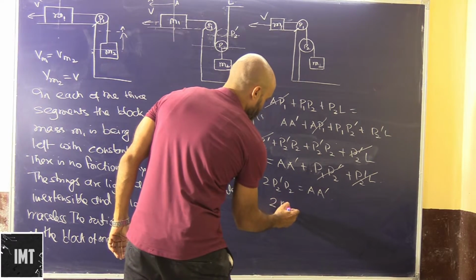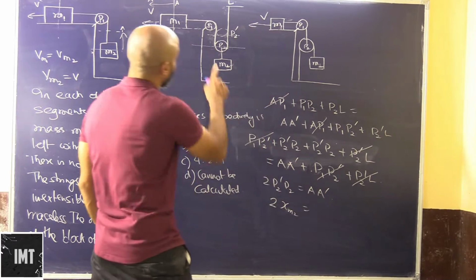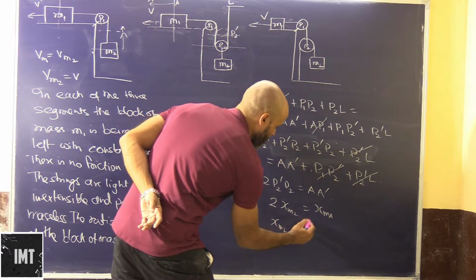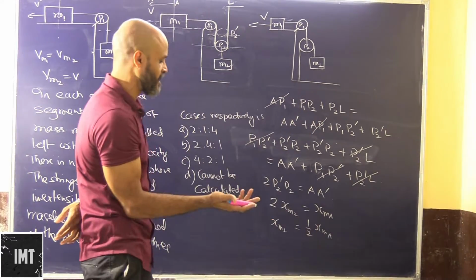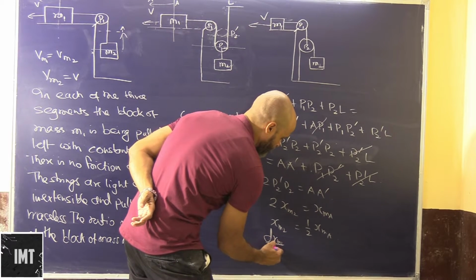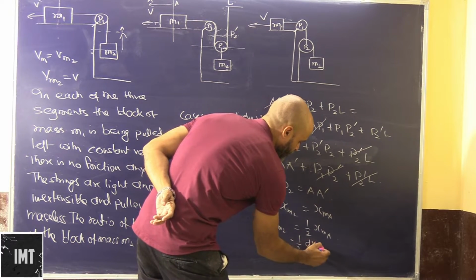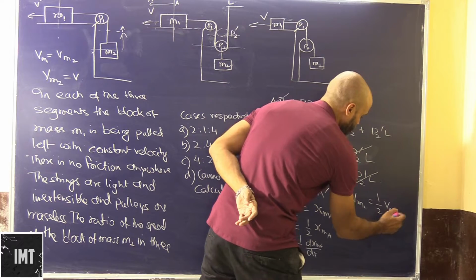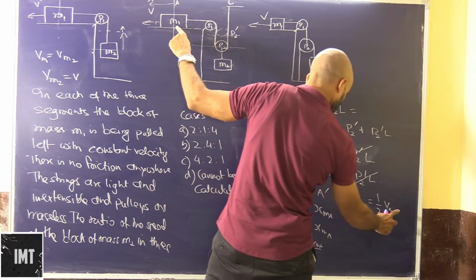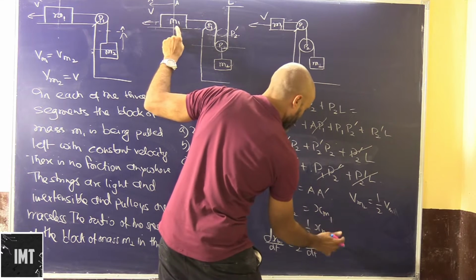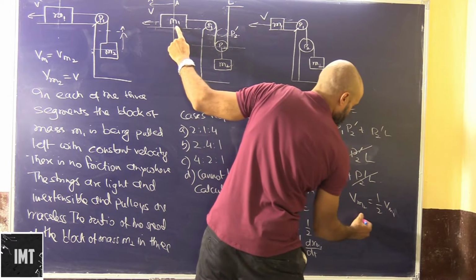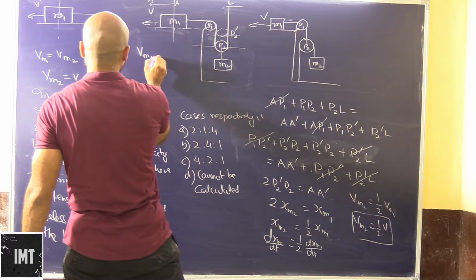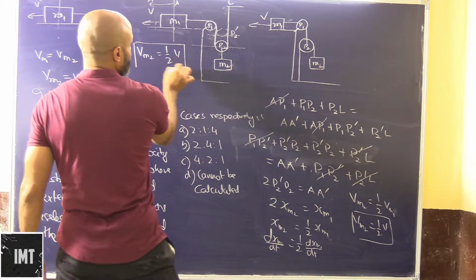So twice the displacement of m2 is equal to the displacement of A, which means x of m2 is half of x of A. If we differentiate once, dx of m2 by dt is half of dx of A by dt, so the velocity of m2 is half the velocity of A. The velocity of A is the velocity of m1, so the velocity of m2 is half of v. Now let's come to this one.